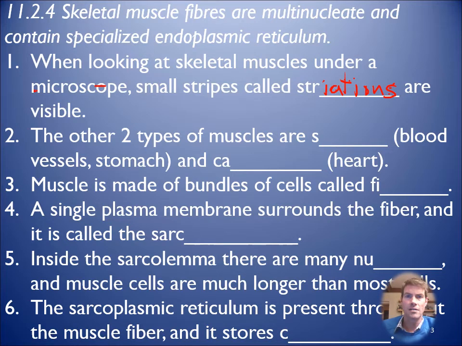You have skeletal muscle. Then smooth muscle, like your digestive system, part of your stomach, esophagus, blood vessels, which can contract and relax. And then cardiac, which is your heart muscle, very specialized, performing functions that only the heart can do.